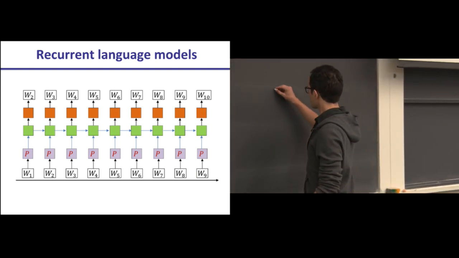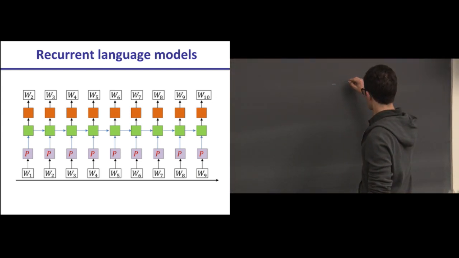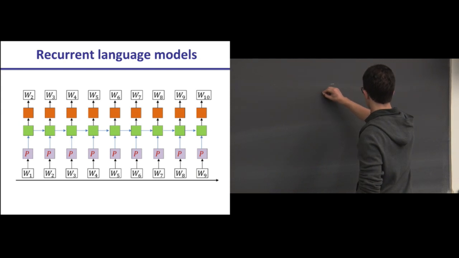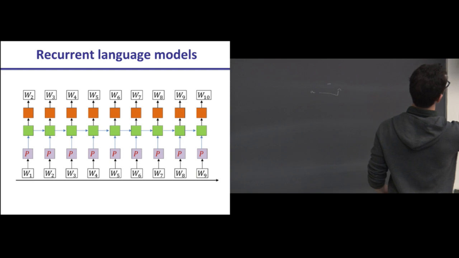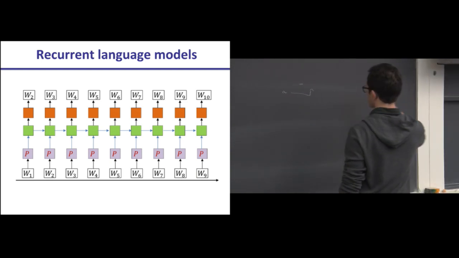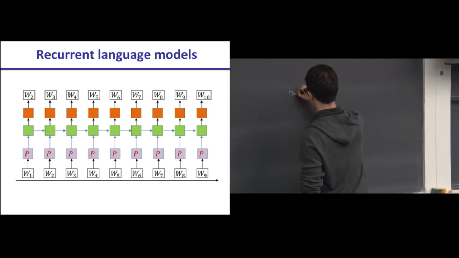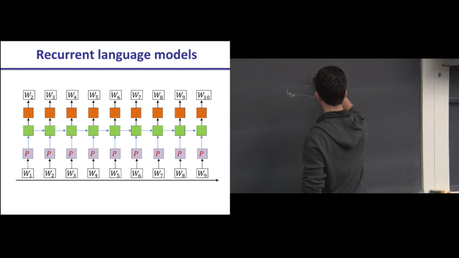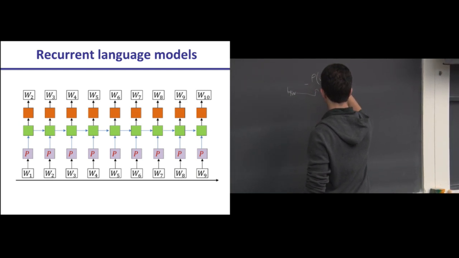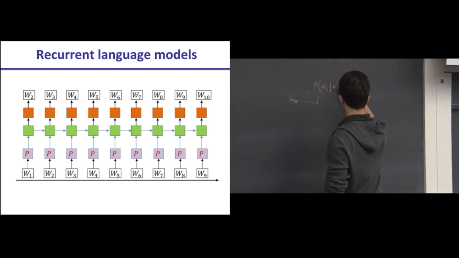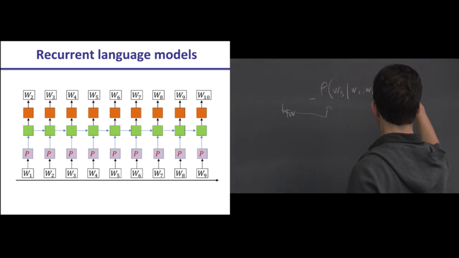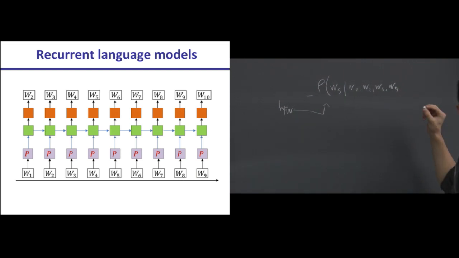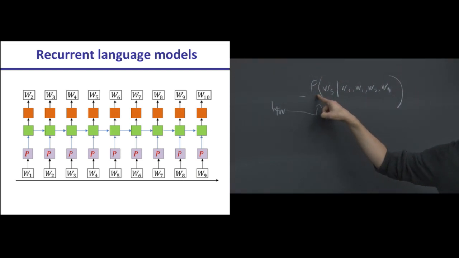So the first thing you do, you feed your n words, and you're going to get, because that's what the output is, the probability of W5 given W1, W2, W3, W4. Can you follow? Yeah, perfect. So you get that.